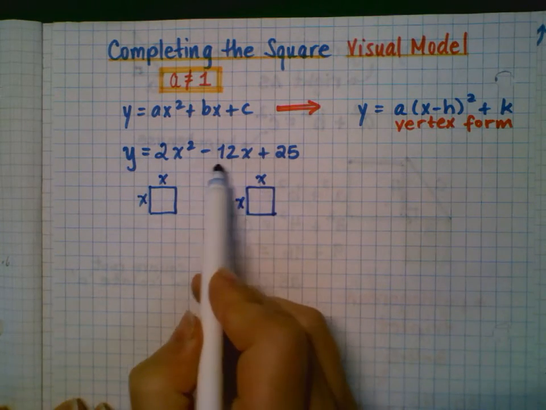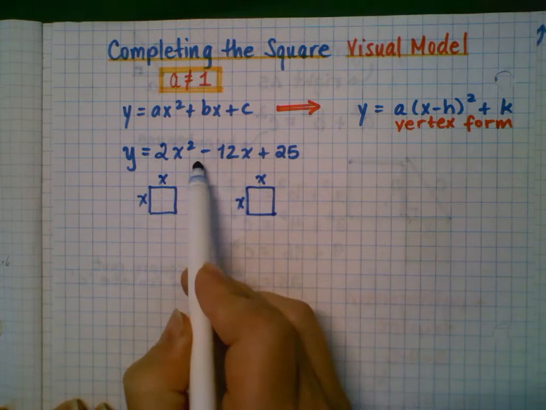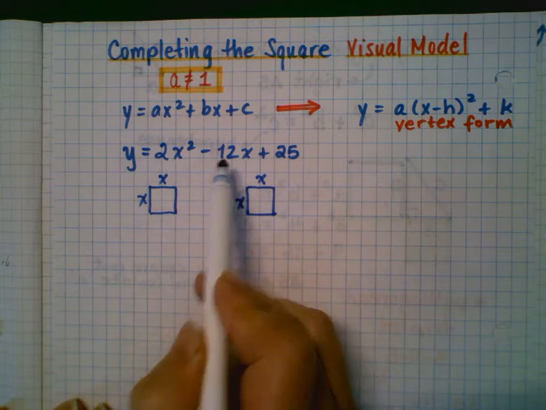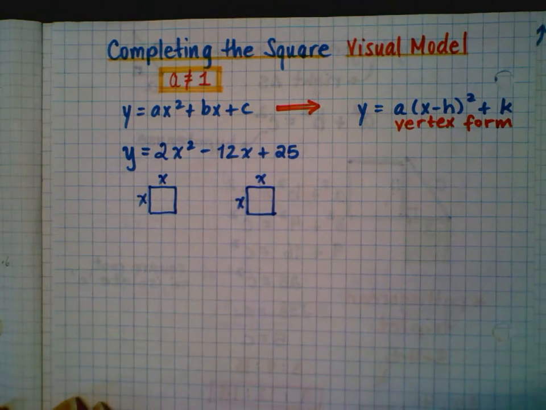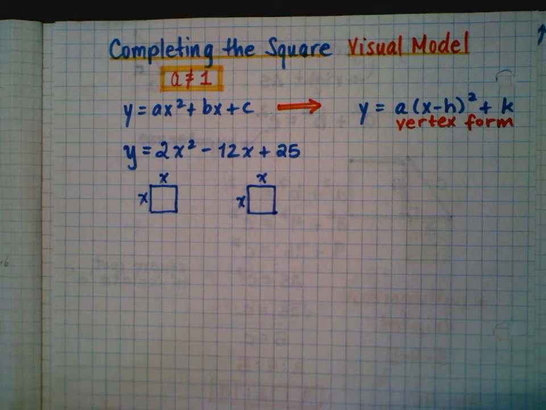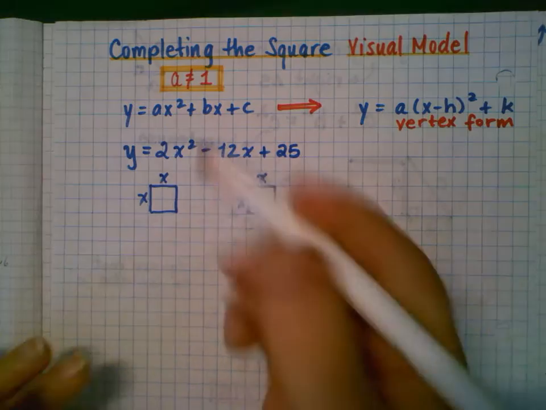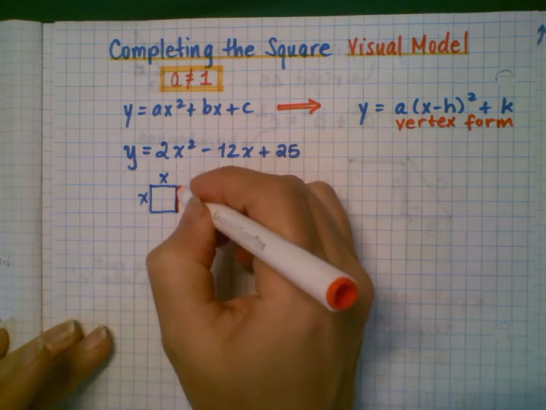Next, I'm going to look at the linear term. In the linear term, I've got negative 12. So that means that I'm going to split that negative 12 between these two x squared terms. That's going to be two groups of negative 6. Negative 6x is then going to be organized into two groups.